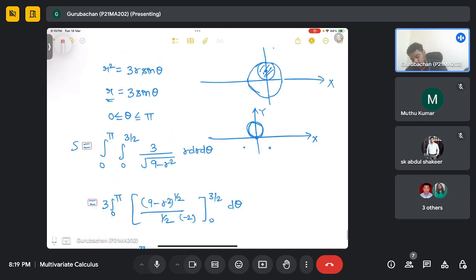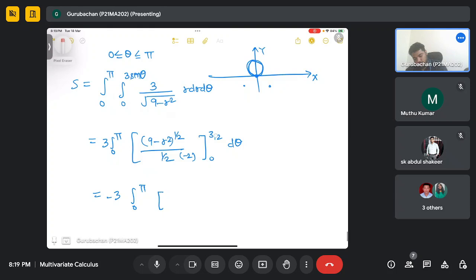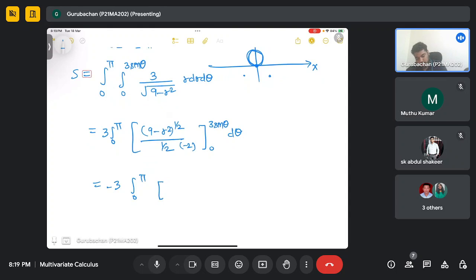Our r will move up to 3 sine theta rather than 3 by 2. So this will give you 9 minus 9 sine square theta, which gives cos theta, that is 3 cos theta, and while putting 0 it will give you 3 d theta.